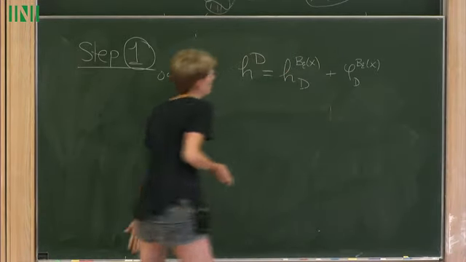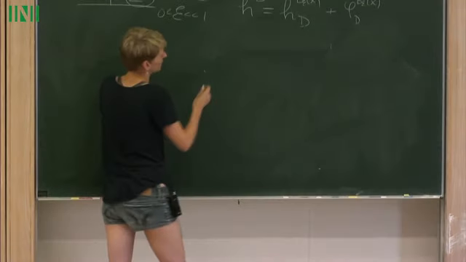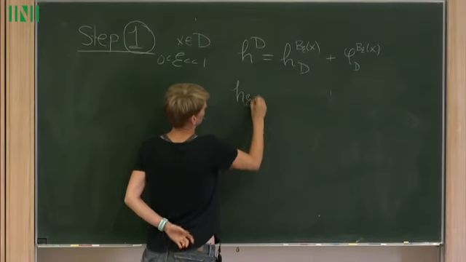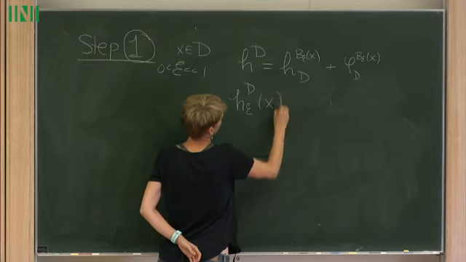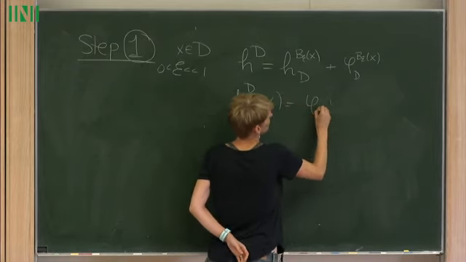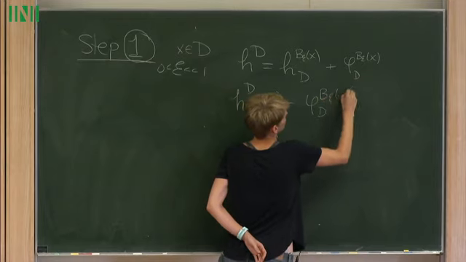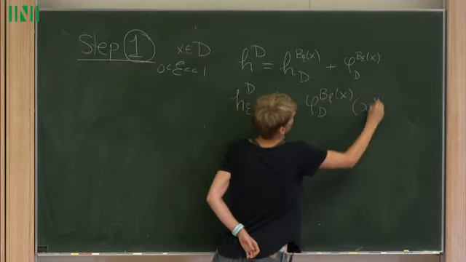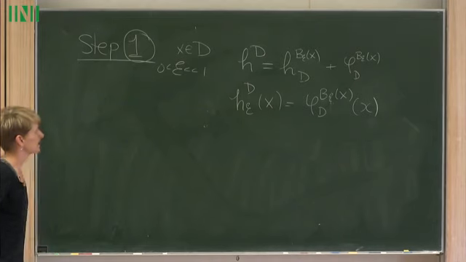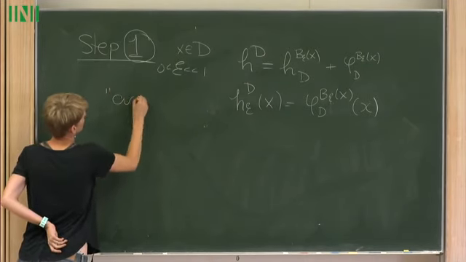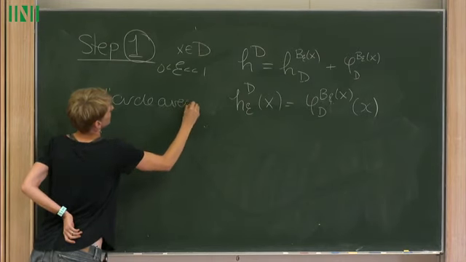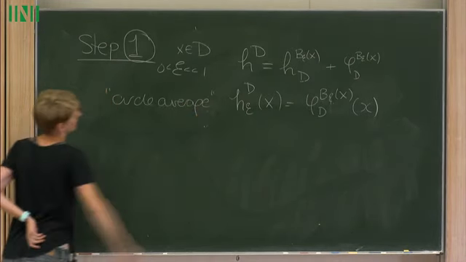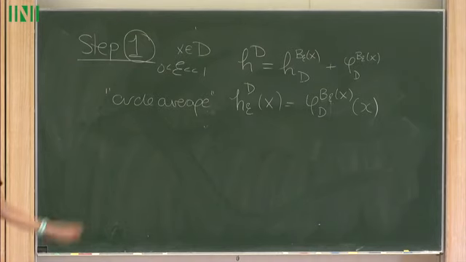So this leads you kind of naturally to the following definition. So I'll define h epsilon delta of x just to be equal to the value of this harmonic function in the decomposition evaluated at the point x. And for the reasons that I just described, we can think of this, and probably this is always how I'm going to refer to it, as the circle average at radius epsilon around x.